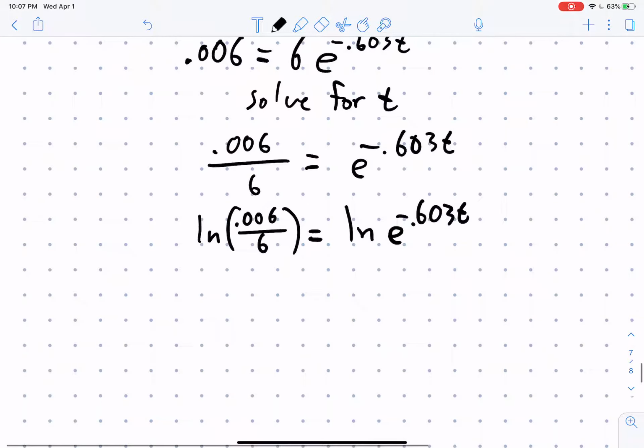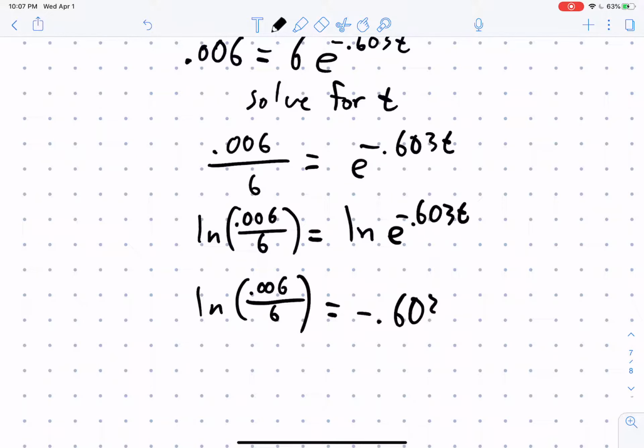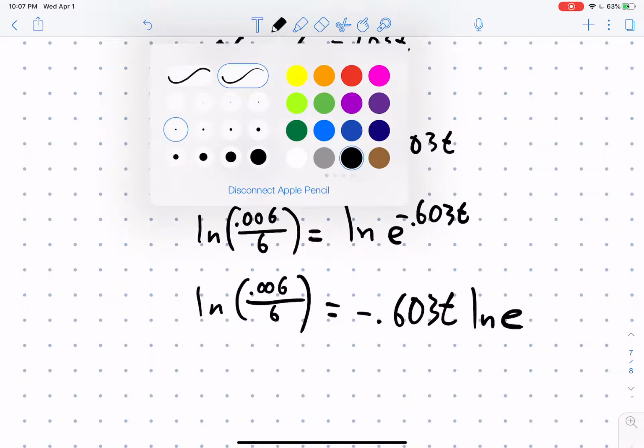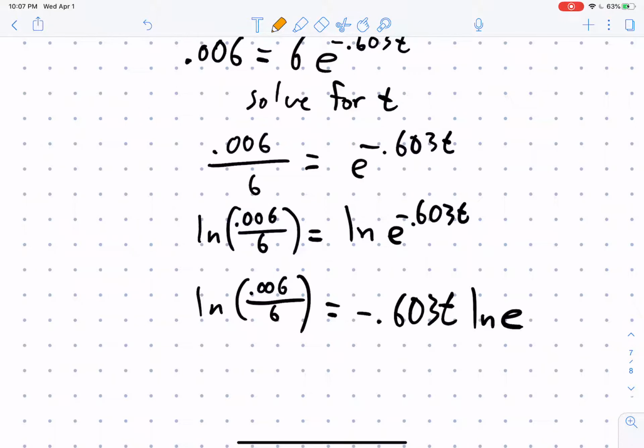Next, we use the rule of logs, which says that a log of something to a power, you can move the power out in the front. So keeping the left-hand side the same, on the right-hand side we have negative 0.603 t natural log of e. Now, we talked about the natural log of e before. The natural log of e is just equal to 1, so we can get rid of it.